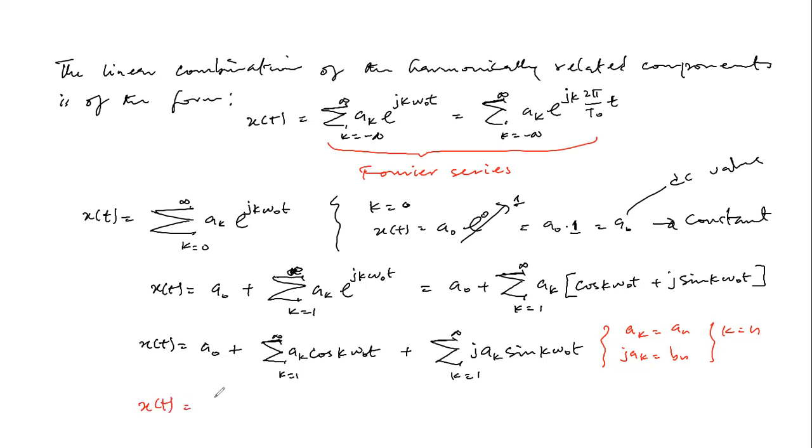S of t is equal to a naught, which is the DC value, plus the summation from n equal to 1 to infinity of a sub n cos n omega naught t plus the summation of b sub n sine n omega naught t.